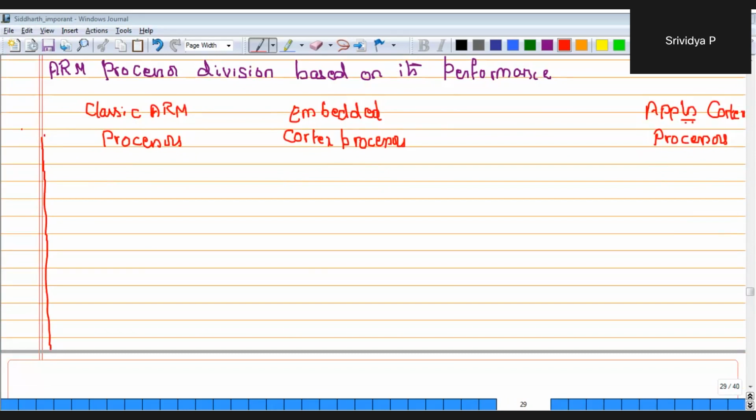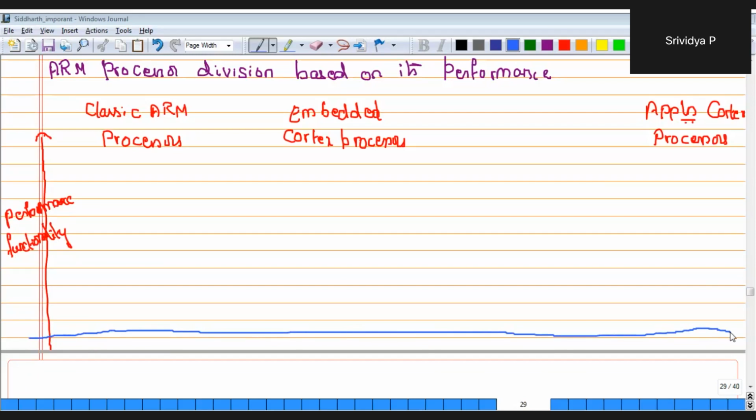Now we will be rating them. On the y-axis we have performance and functionality. On the x-axis we have capability.